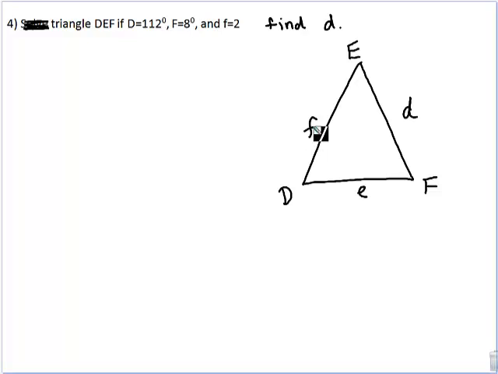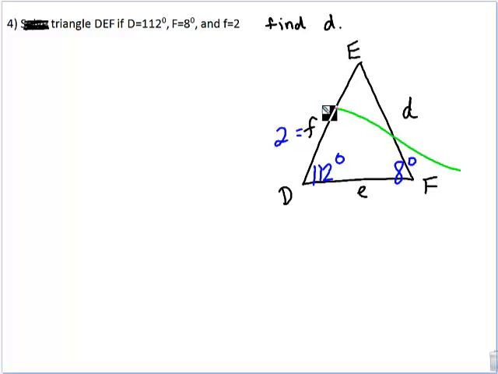Make sure that you label your sides as well. The opposite sides have the same letter, just lowercase. Angle D, 112 degrees. Angle F, 8 degrees. Side F is 2. Okay, so which angle and side opposite of it do we have?